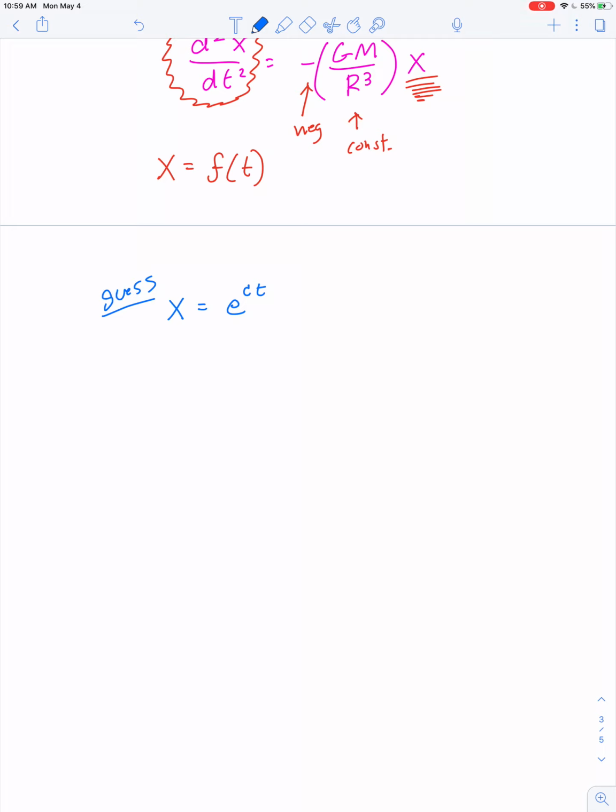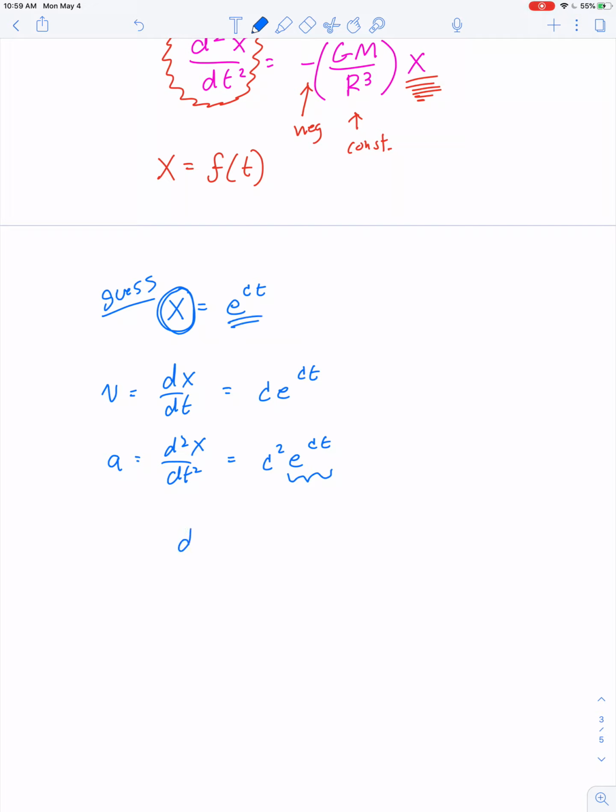And now we've got to take the first derivative, dx/dt. This would be a way of describing the velocity of the object as it falls through the Earth. Well, then that would be equal to c times e to the ct. And then the acceleration would be the second derivative, and this would be c squared e to the ct. However, e to the ct is just the function x that I guessed at in the first place.